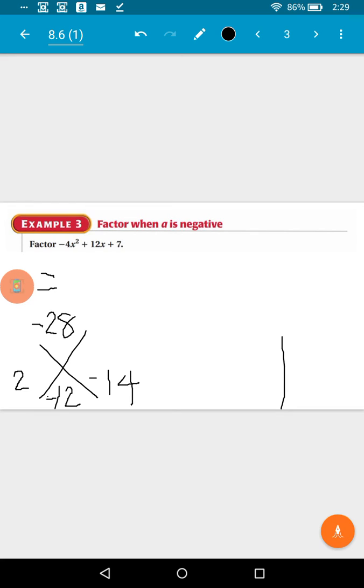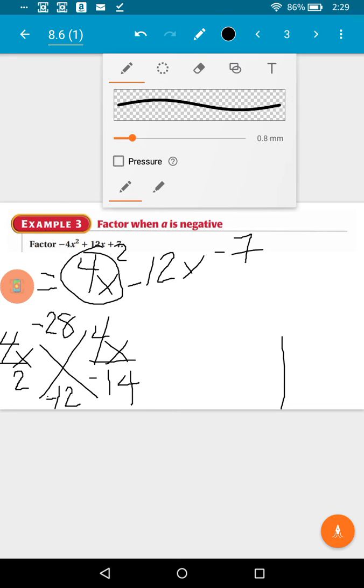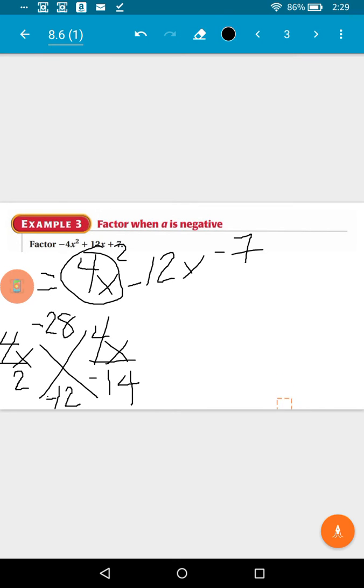Remember, what I had inside was 4x squared minus 12x minus 7. So I have to make my numerator. It's this 4x. 4x goes here, 4x goes here. Let me erase this.